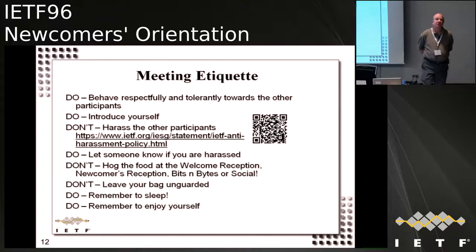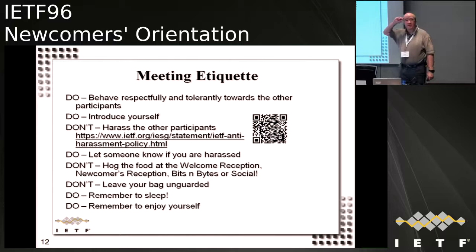Speaking of a bad way, don't harass other participants. Feel free to harass yourself. Insulting yourself is fine. Insulting other people in a way that tries to get them not to be doing the standards job is just not right. This is the anti-harassment policy. If you are harassed, let someone know.